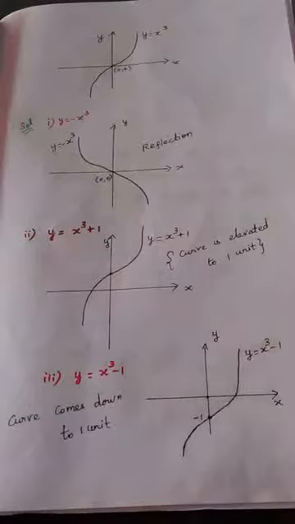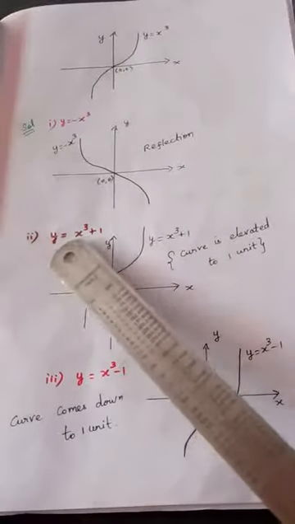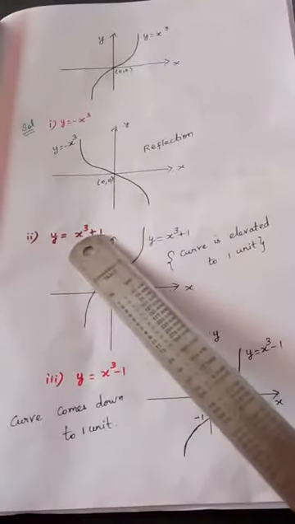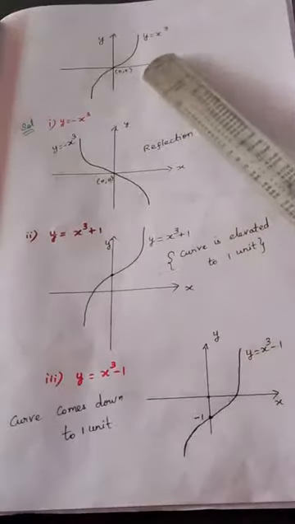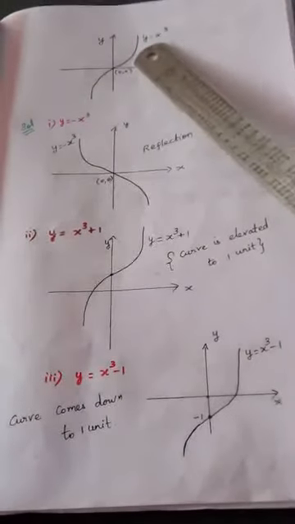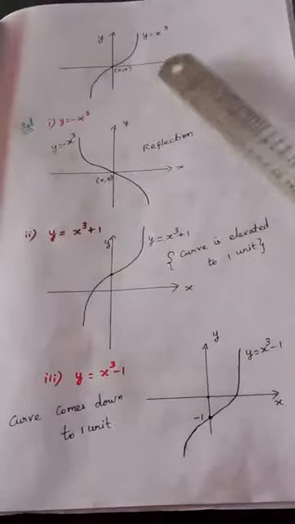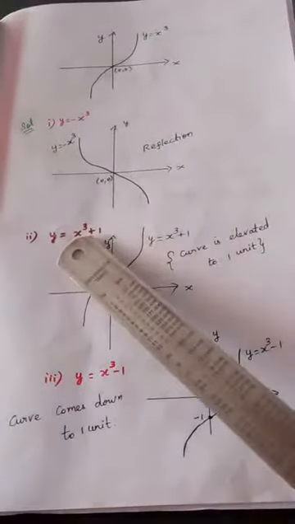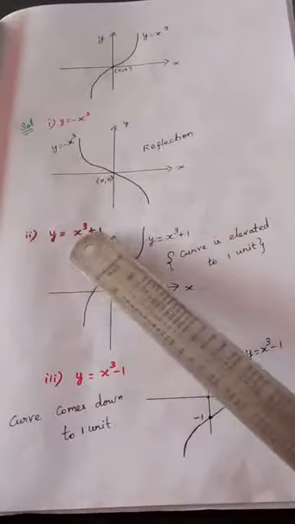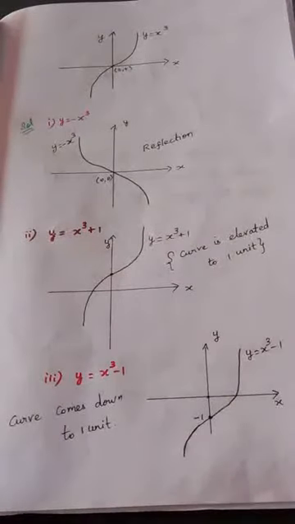The second subdivision that is being asked to us is y is equal to x cube plus 1. Draw the diagram for this. We know the diagram given in the question, y is equal to x cube. Now see the difference between this and this. This is x cube. This is just x cube plus 1. What is the meaning?